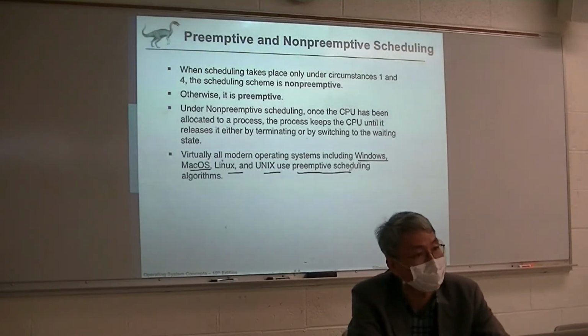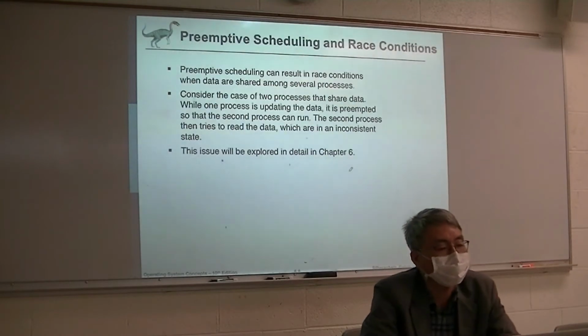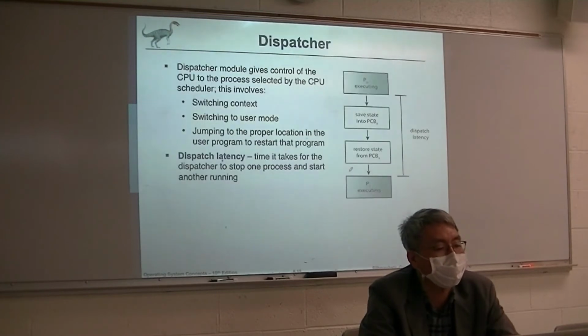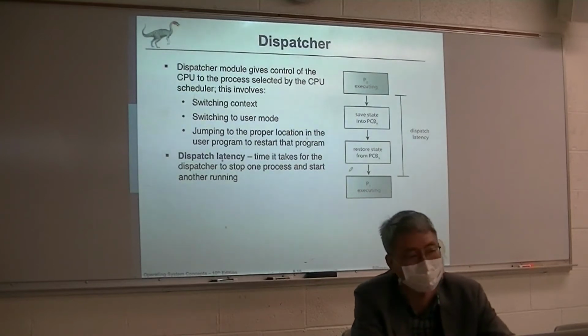At that time, it's non-preemptive. But obviously, in the case of preemptive, there might be issues, like the race condition. We will discuss the race condition and the synchronization problem in the next chapter.